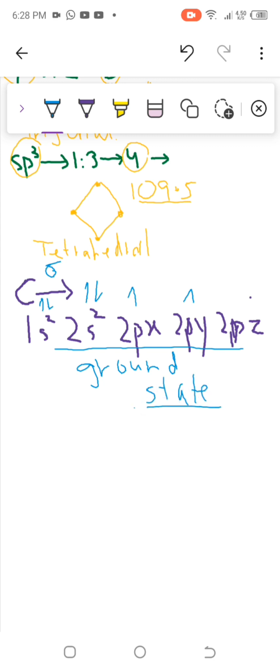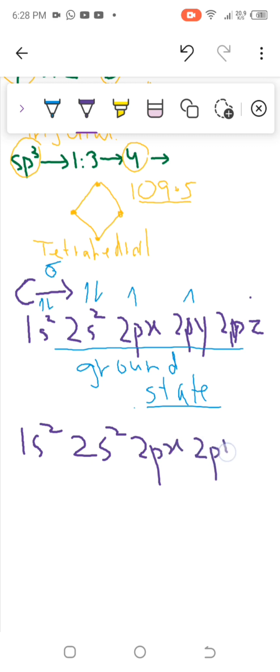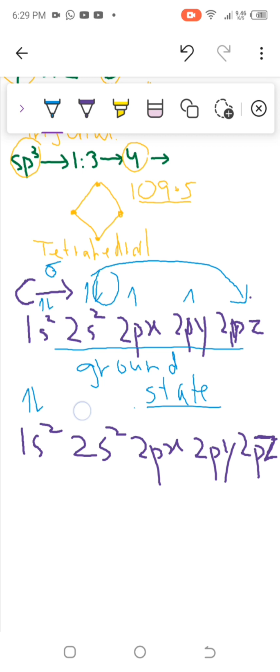Let's talk about the excited state. 1s2, 2s2, 2px, 2py, 2pz. Here what will happen? The 2s will give one spin to 2pz. Now all 4 are equal, and the total is 6.